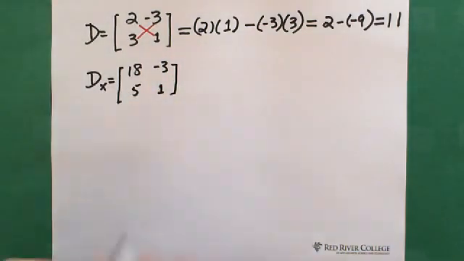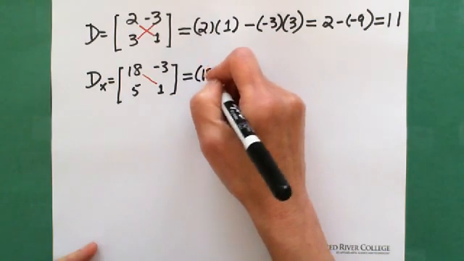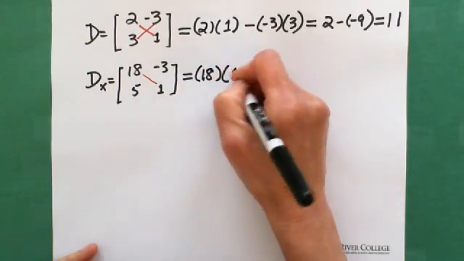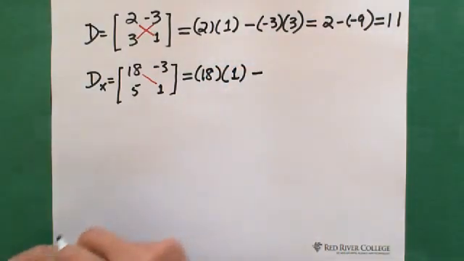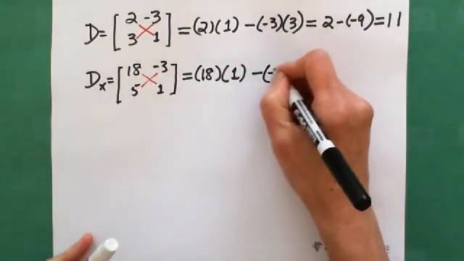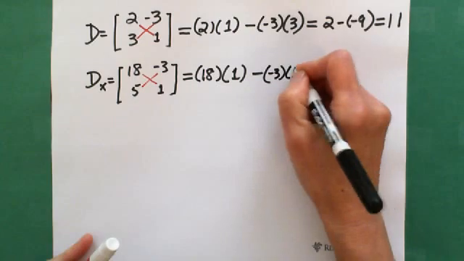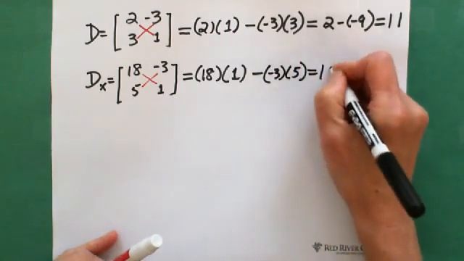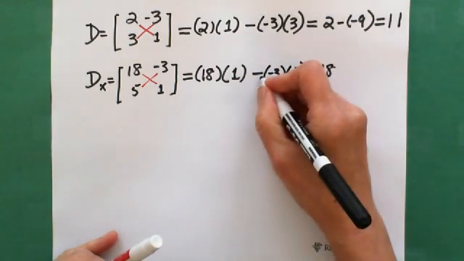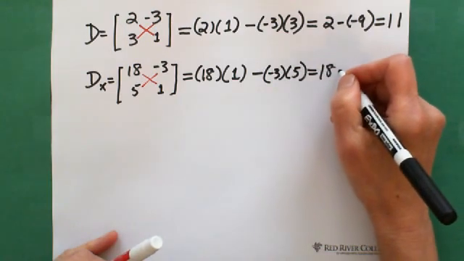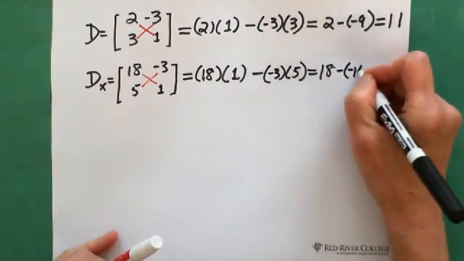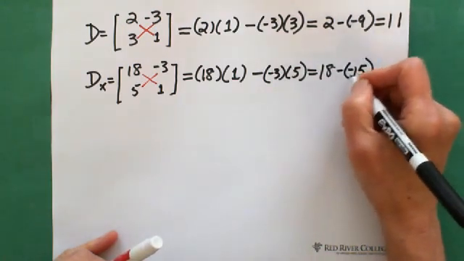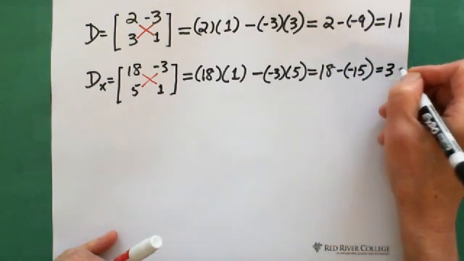Same job: first calculate the principal diagonal, 18 multiplied by 1, and subtract the secondary diagonal, negative 3 multiplied by 5. We have 18 minus negative 15, which is actually adding, so we get 33.